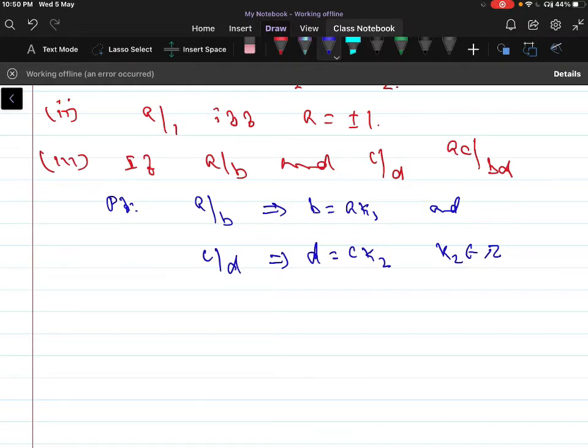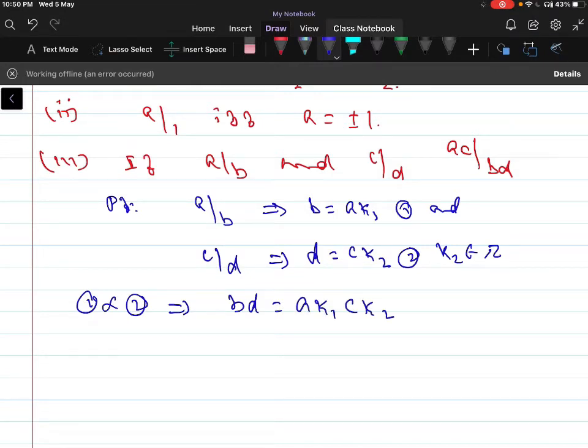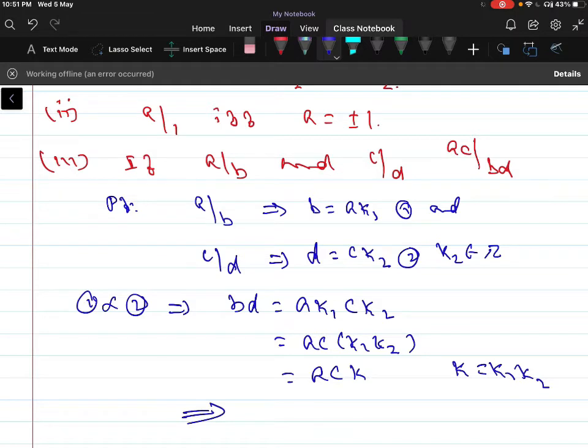Now multiplying 1 and 2, b into d can be written as a into k1 into c into k2. So this can be written as ac into k1 into k2. This is equal to ac into k, where k is equal to k1 into k2. So this implies ac divides bd. So this is the proof of the result.